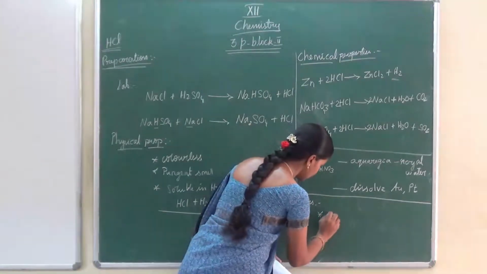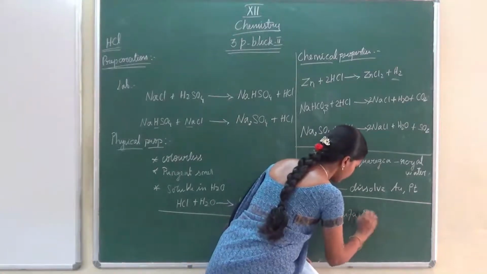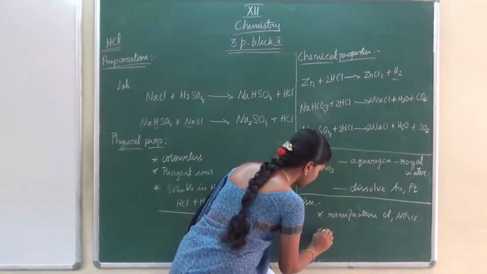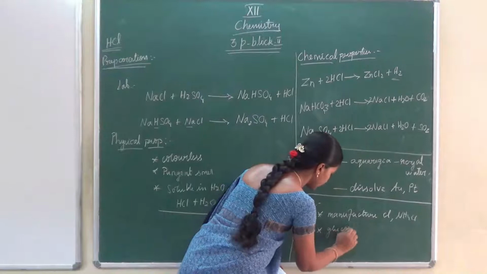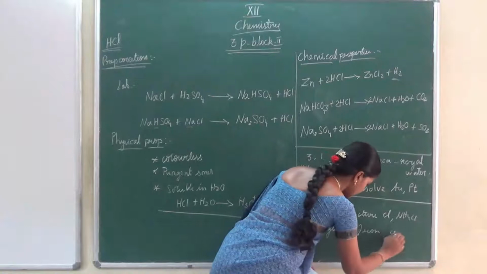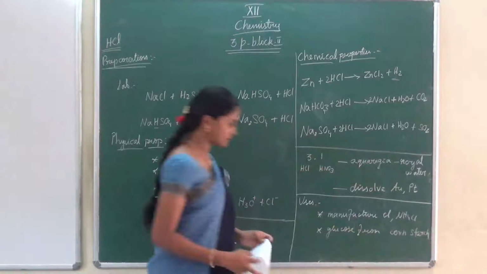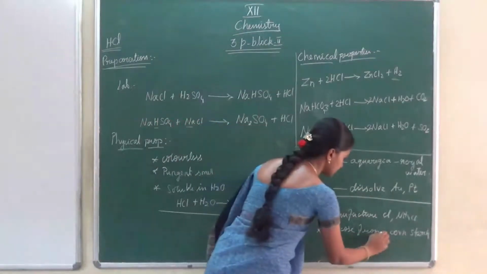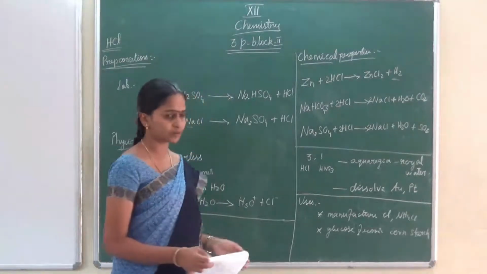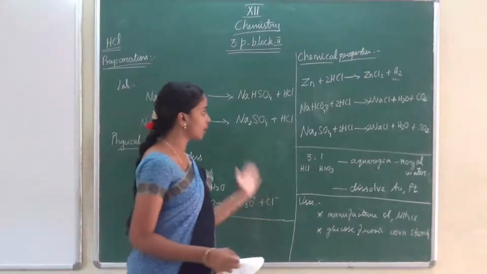The normal uses are, it is used in the manufacture of chlorine, ammonium chloride, and one more, we can extract glucose from cornstarch. Here is 1 more question: which acid is used to extract glucose from cornstarch? They can ask like that. Then the extraction of glue from bone oil, all those things. Okay, the remaining uses, you can just copy this.